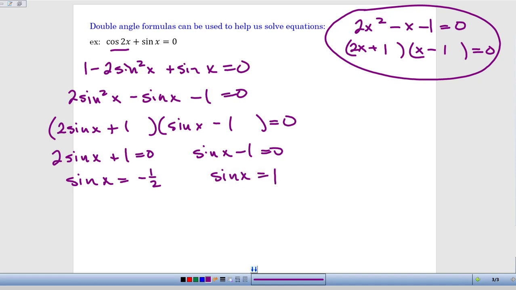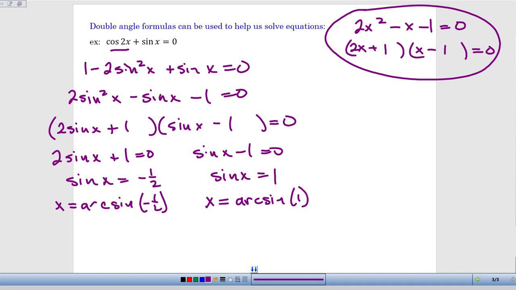And so now we're at the point where we've got to use our arc sine. So if we take the arc sine of both sides of each of these equations, we're going to get x equals the arc sine of -1/2. And in the other one we get x equals the arc sine of 1.